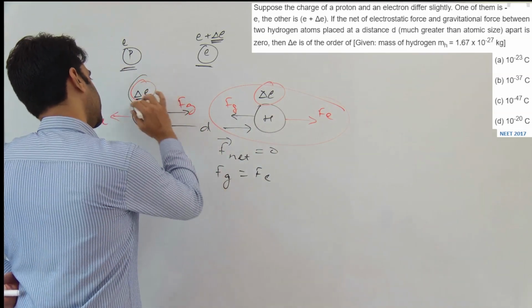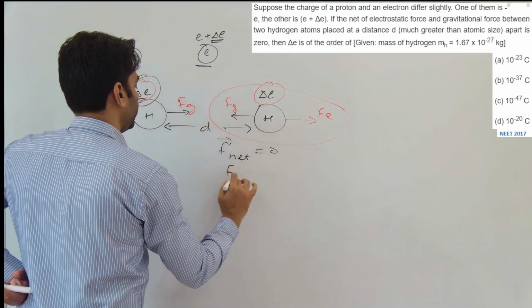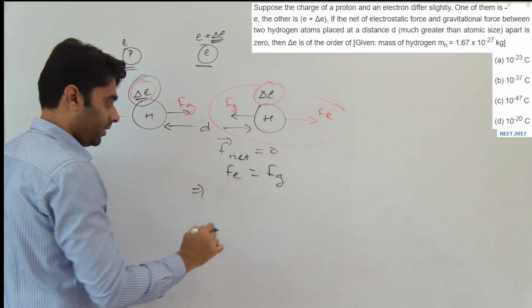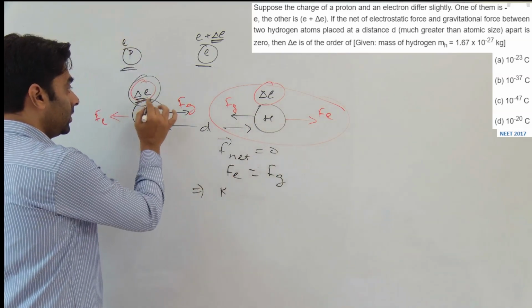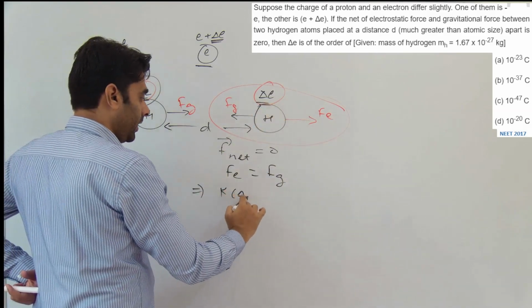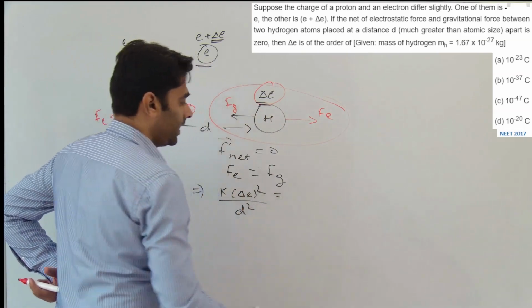Let us write down. They are asking us that delta is of the order of, fine. So one minute, I'll write like this, Fe is equal to force gravitational. What is our force electric? K Q1 Q2, how much is charge? Delta E, that means Q1 Q2 will become delta E square by d square is equal to force gravitational. How much is force gravitation?